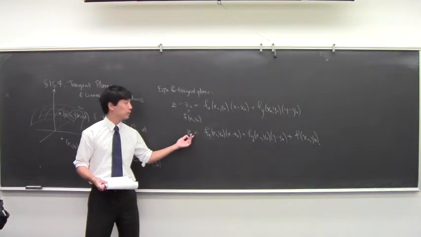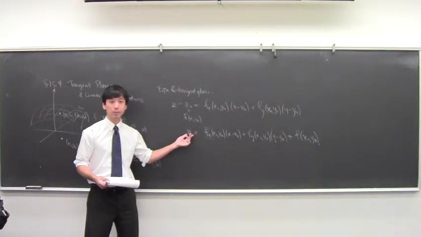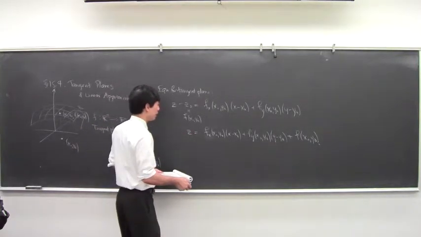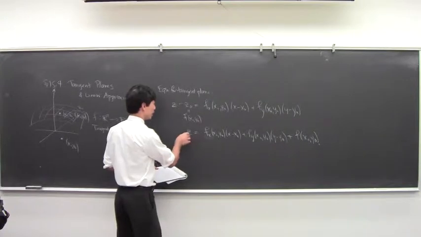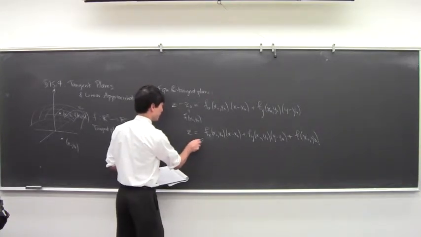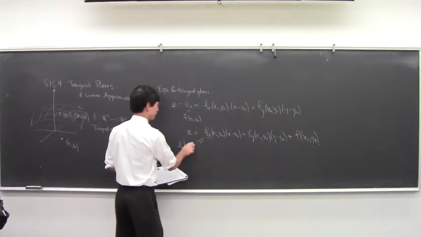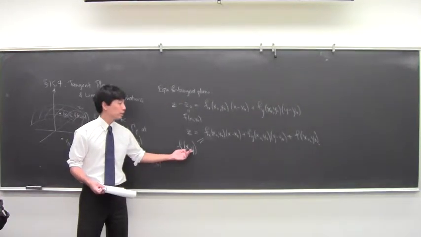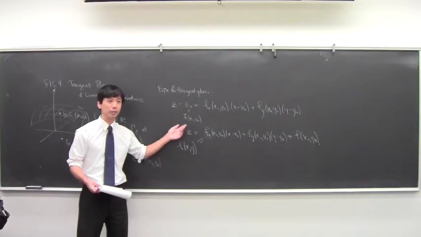This describes the z height, and so we said let's call this thing the linearization function. This is the function whose graph is the tangent plane.